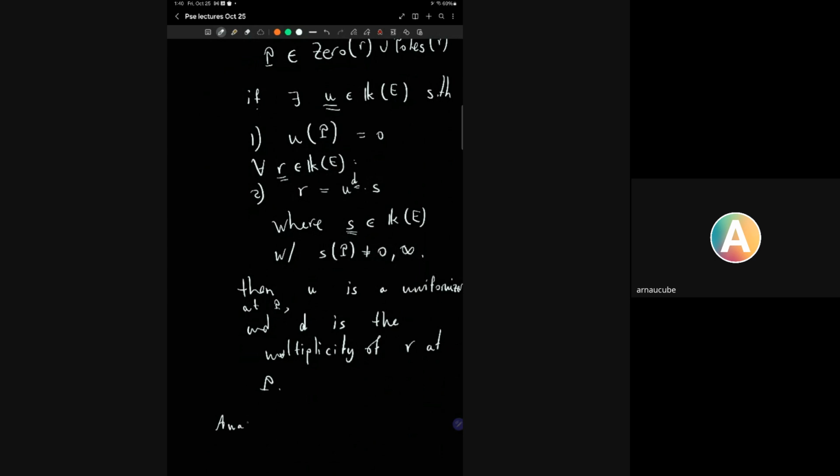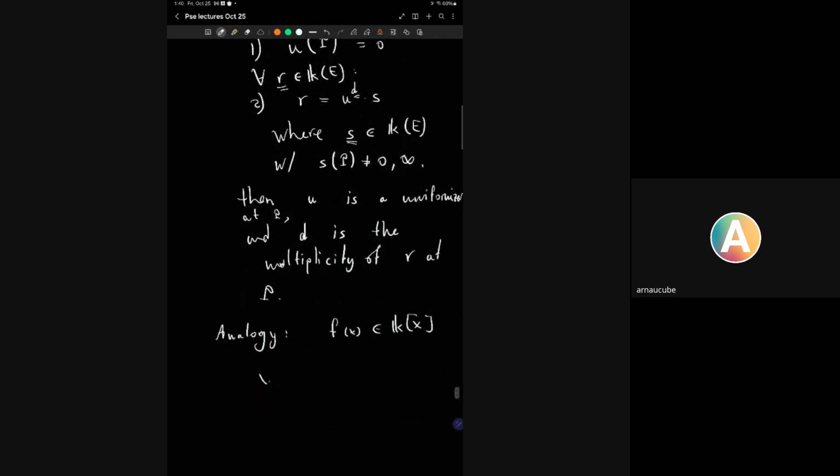So, if I have f(x), a polynomial in one variable over a field, and x0 is a 0 of f, then how do I determine the multiplicity of x0 as a 0 of f?